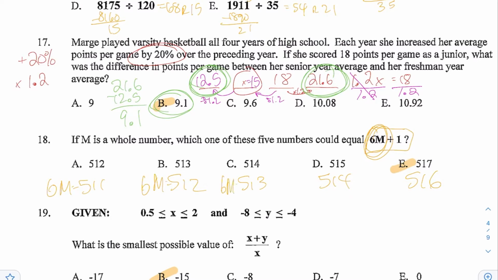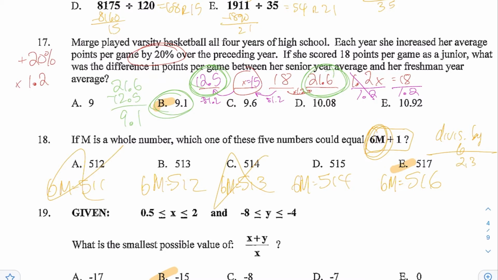Now the divisibility rule for the 6 times table is that it has to be divisible by 2 and 3. So it has to be even, so you eliminate choice C and A because they're both odd.